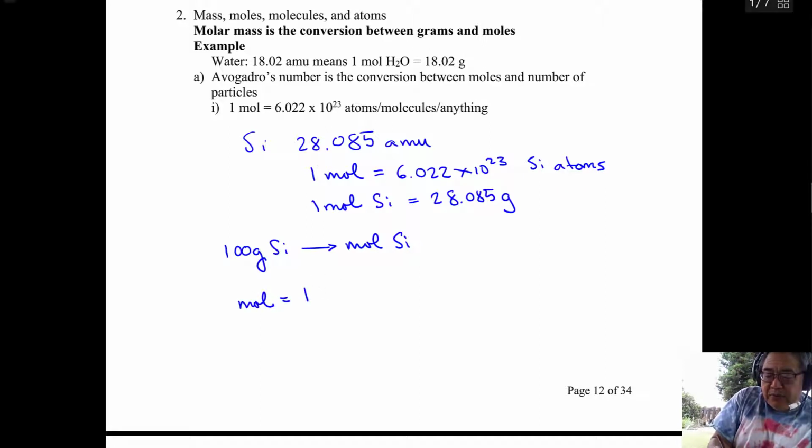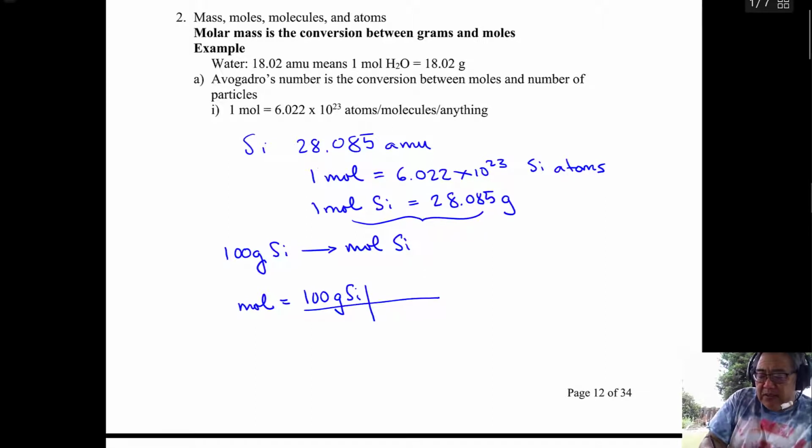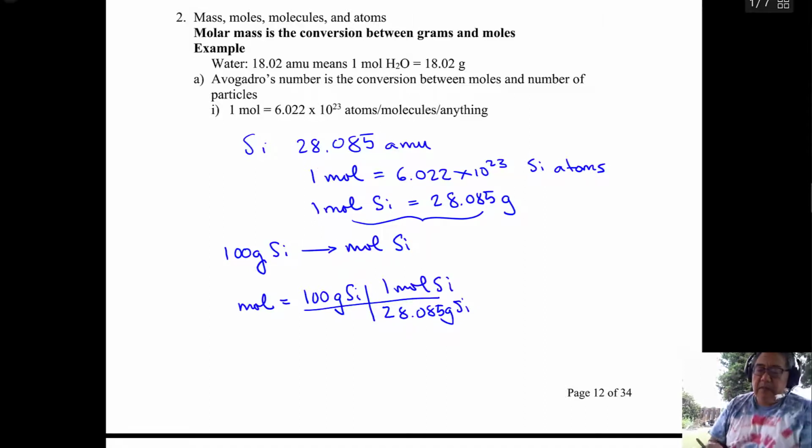So I usually start with the unit I'm looking for, starting with 100 grams of Si, and then I know the relative mass in terms of moles for Si, so I'm going to say it's 28.085 grams of Si for every 1 mole of Si. And that'll allow me, because look at how the units will cancel. When the units cancel, that leaves me with moles of Si.